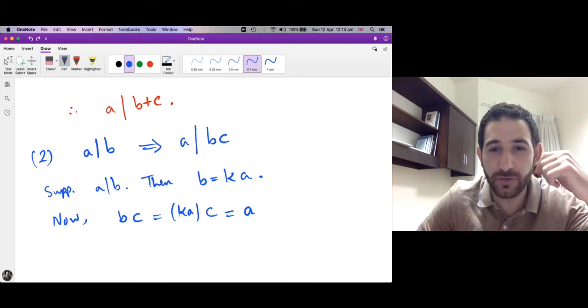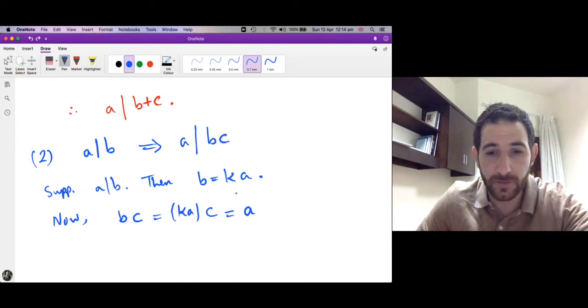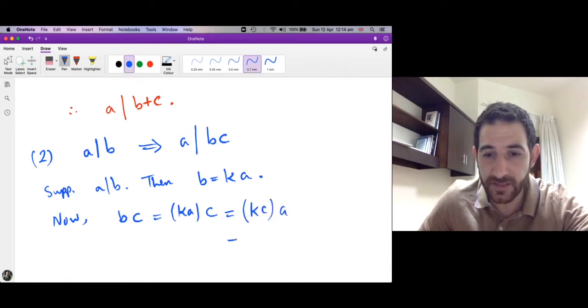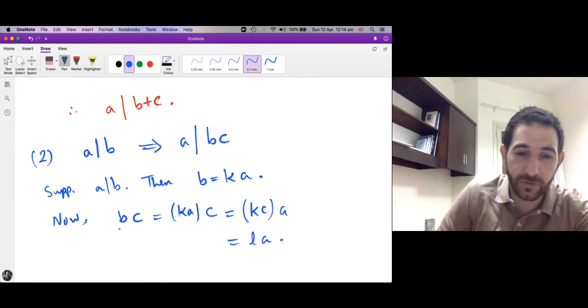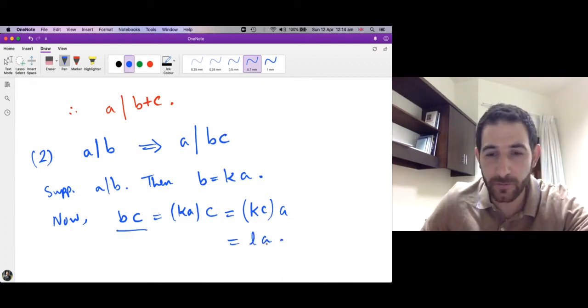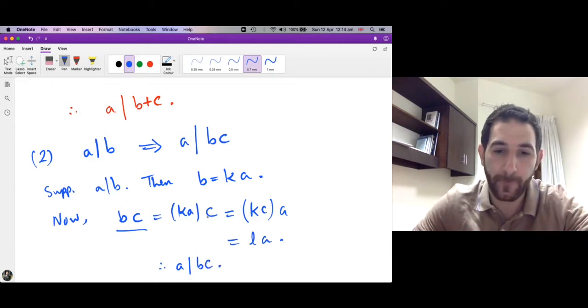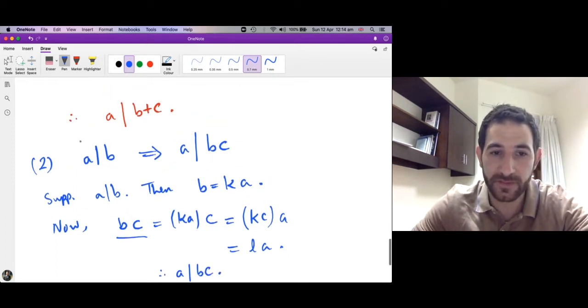This means we need to show that BC is equal to an integer times A. So here we can write this as KC times A, and this is an integer, say L times A. So we showed that BC is equal to an integer L times A, and this means that A divides BC. Okay, so this is what we want to show.